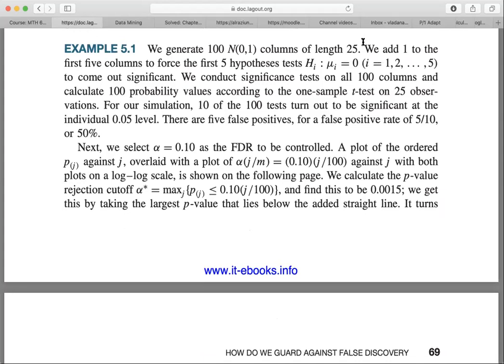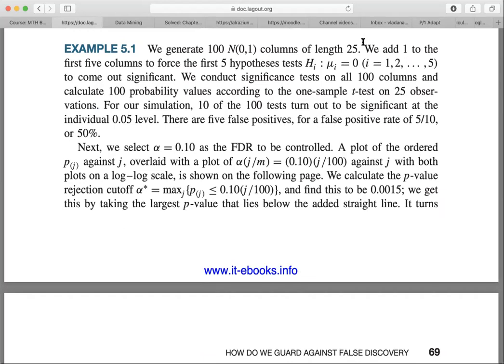Example 5.1. We generate 100 columns of length 25 from N(0,1), and we add 1 to the first 5 columns so that mu i equals 1 for i equals 1 through 5 and 0 otherwise. We conduct the test and get 10 significant at alpha equals 0.05, with 5 false positives, a 50% rate.